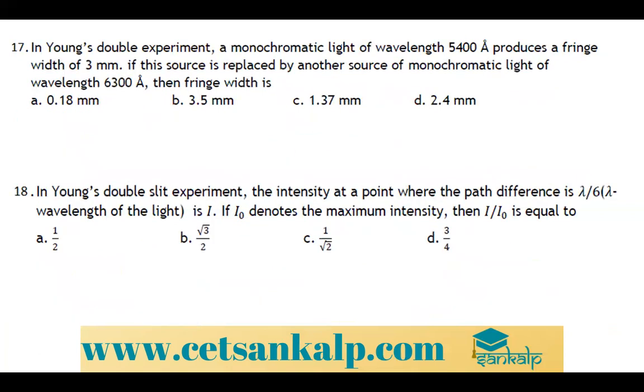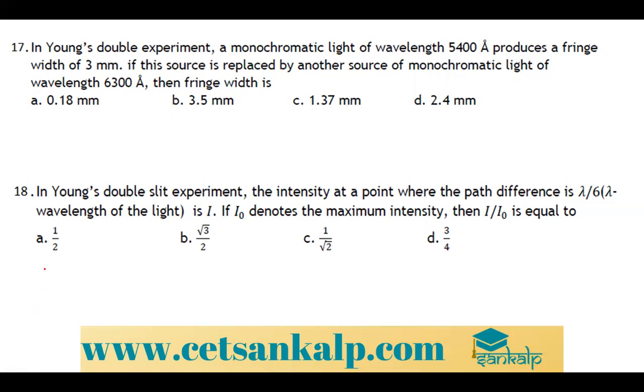In Young's double slit experiment, a monochromatic light of wavelength 5400 Armstrong produces a fringe width of 3 mm. If this source is replaced by another source of monochromatic light of wavelength, then the fringe width. You have to remember the basic concept that the fringe width depends on which factors.